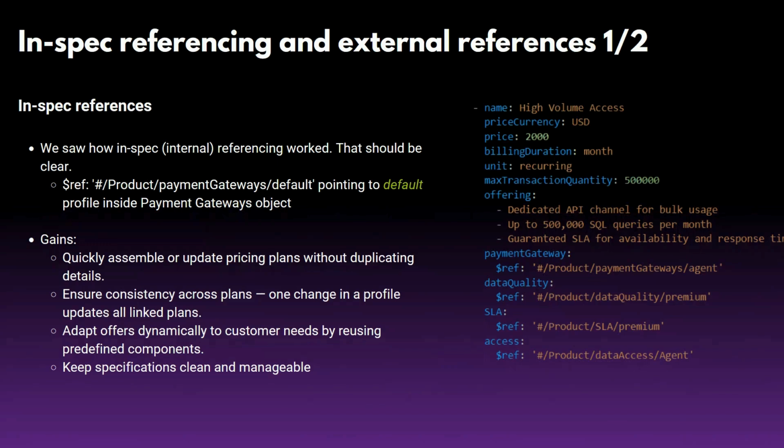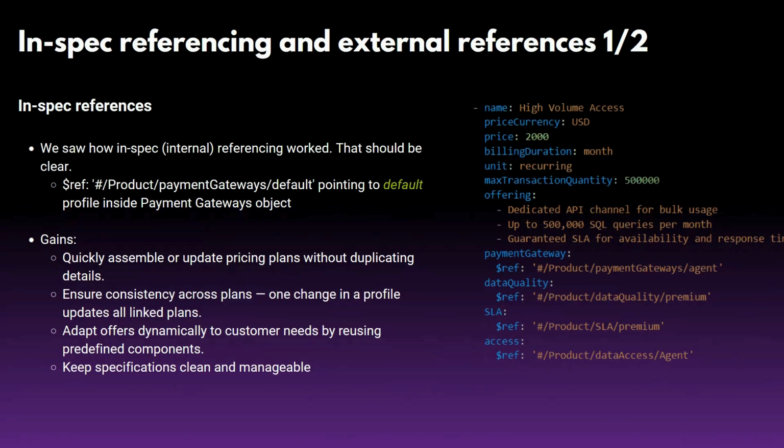So the gains are that we can quickly assemble or update the pricing plans without duplicating the details. We can reuse a lot of things. We ensure the consistency across different plans and even between the products. And one change in a profile updates the linked plans. We can easily adapt the offering very dynamically to customer needs by reusing predefined components.